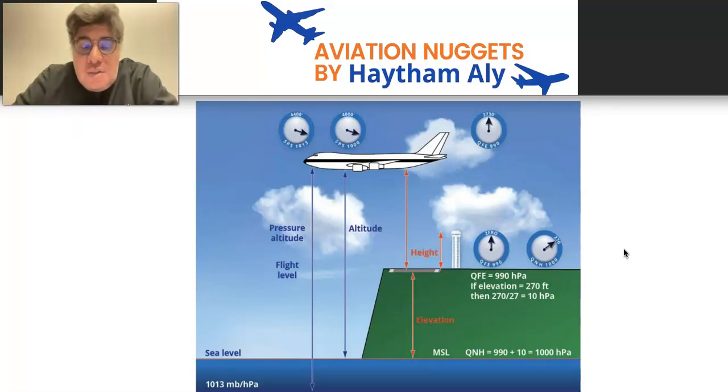The altimeter is a pressure reading gauge, or a static pressure reading gauge that is calibrated to show altitude, or to be specific, calibrated to show vertical distance.